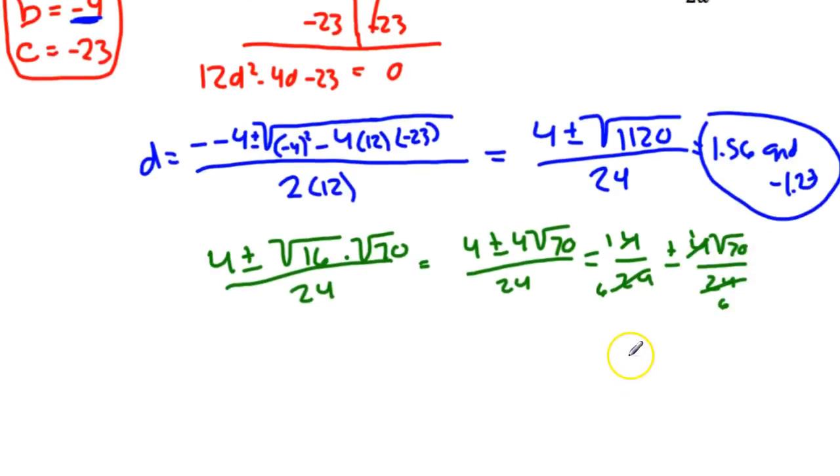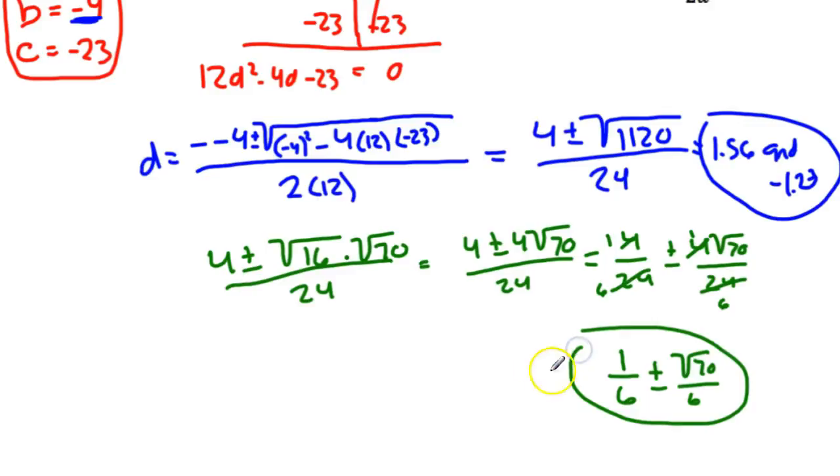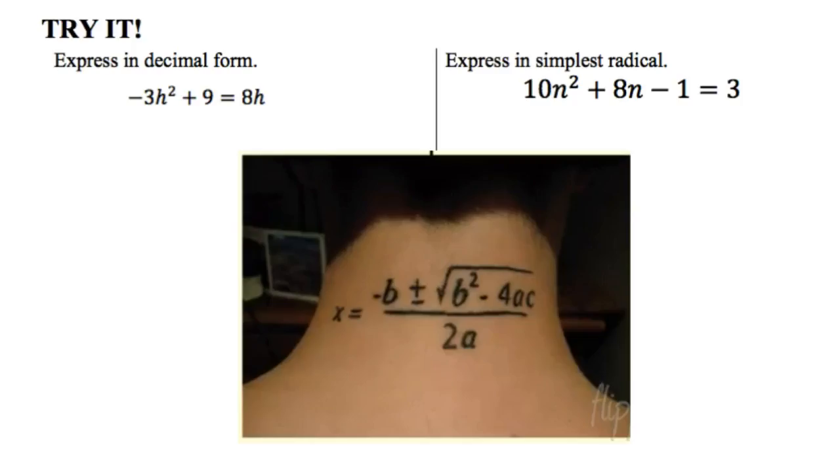And my answer is 1 over 6 plus or minus square root 70 over 6. Woo, that's an ugly answer. Ugly, but it's right. Now, this is the person you want to sit behind on the mastery check, right? You could look right at the back of their neck, see the formula. But what I want you to do right now is try these on your own. Try them, do your best, and then check back.